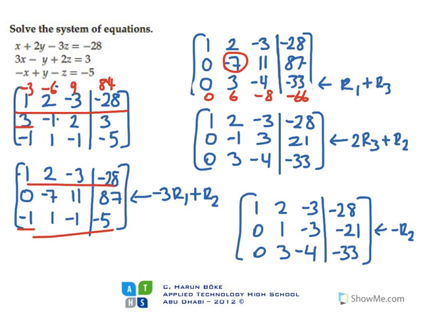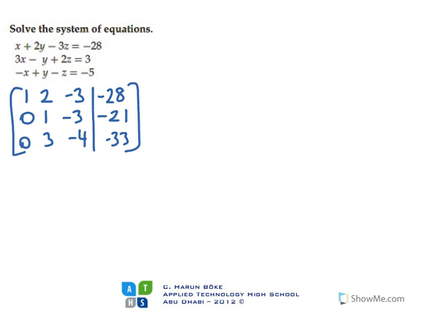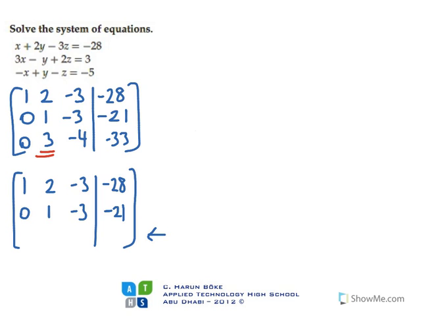Next I'm going to change the sign of the second row. By multiplying by -1, I have 0, 1, -3 and -21 in the second row. To get rid of this 3 here, I'm going to multiply the second row by 3 and add it to the third row.